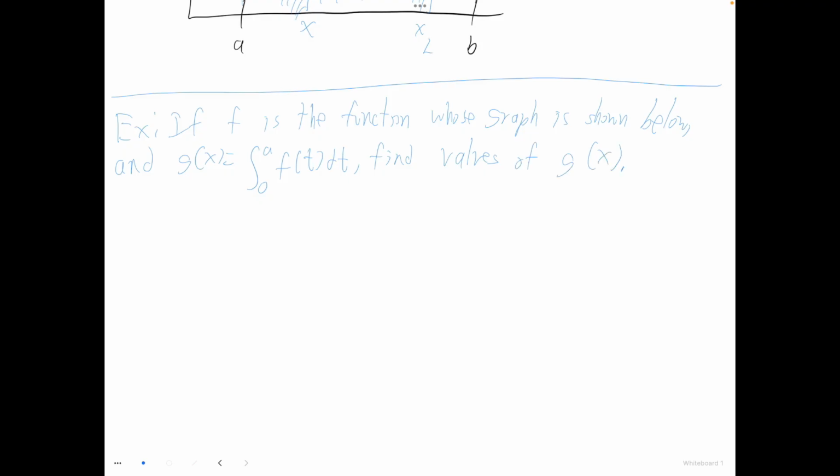So we're just going to find different values of this function using the graph that we're going to have below. The reason for this is just kind of to really cement home what this function is really saying.